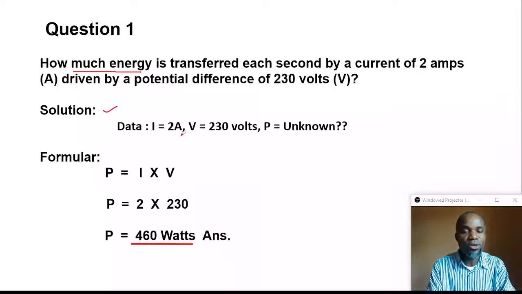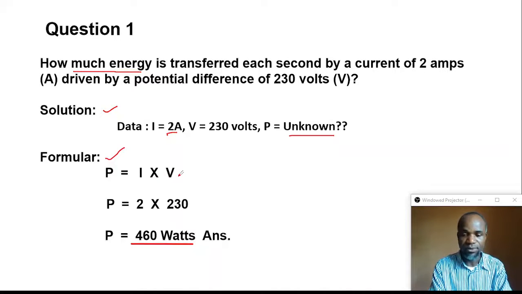So the question contains current I equals 2 amps, voltage V equals 230 volts. Then P, which stands for power, is unknown. So this is the one we are going to calculate. The formula is power is equal to the product of current and voltage.